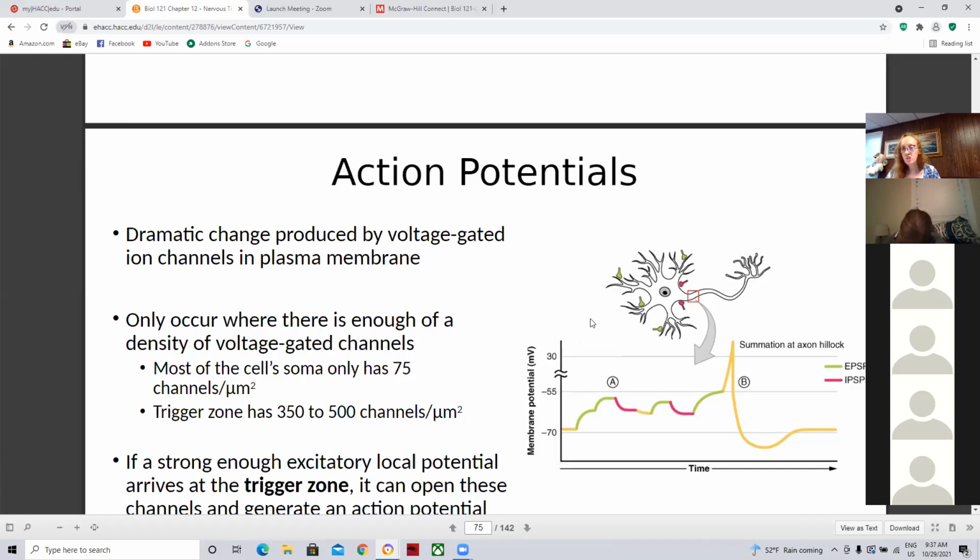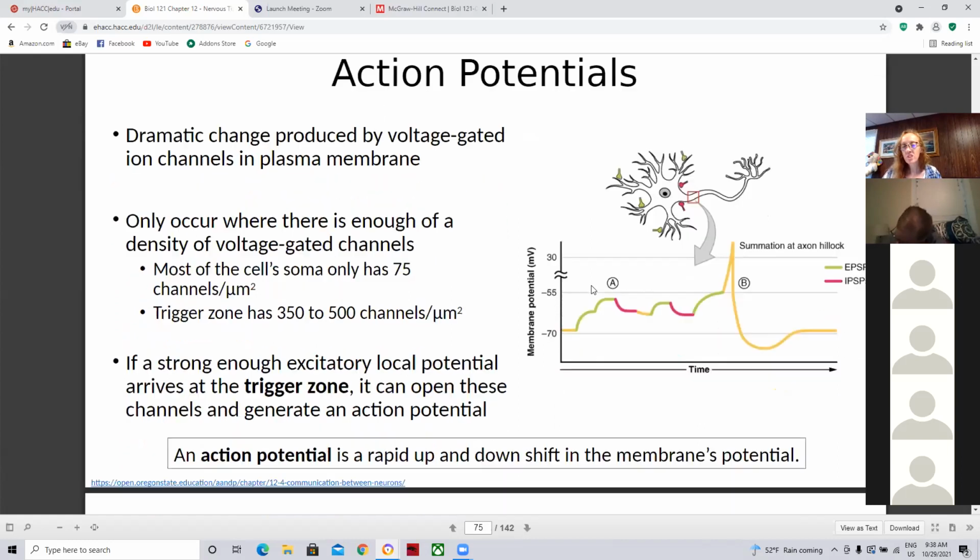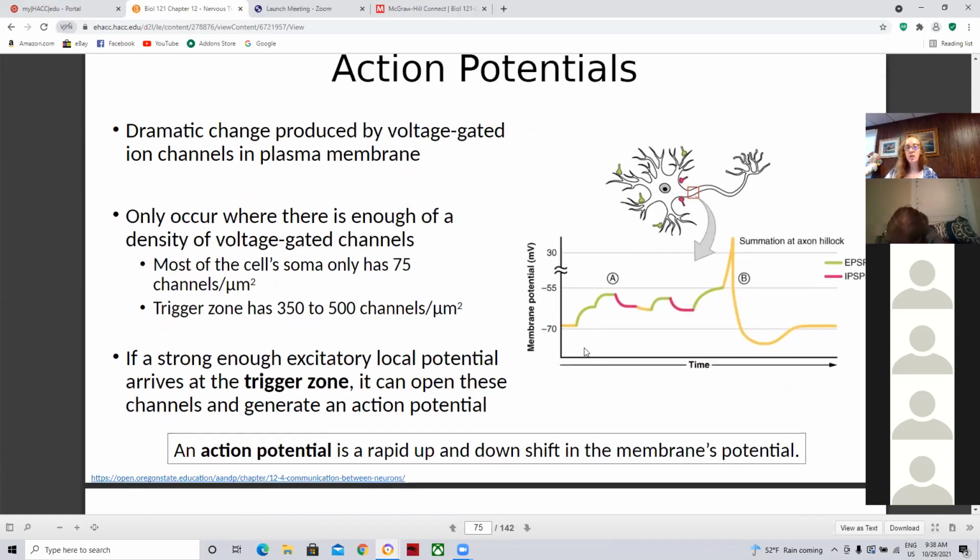However, the trigger zone has 350 to 500 channels per micrometer squared. So if a strong enough excitatory local potential arrives at the trigger zone, it can open these channels and generate an action potential that will move down the axon.